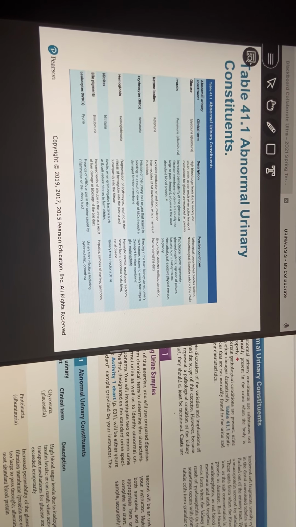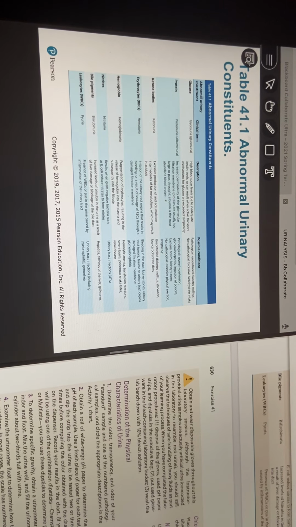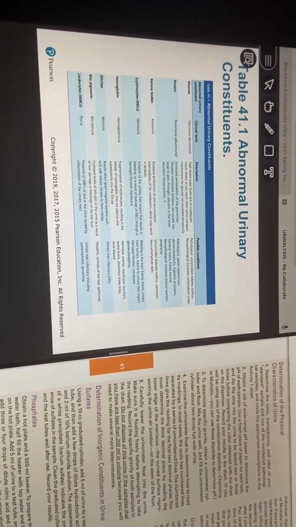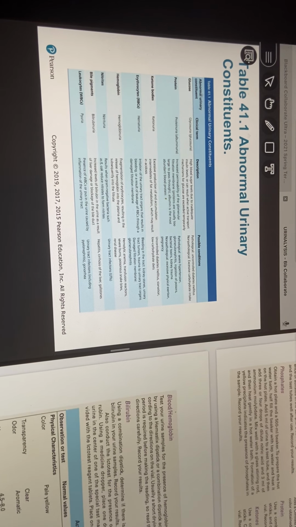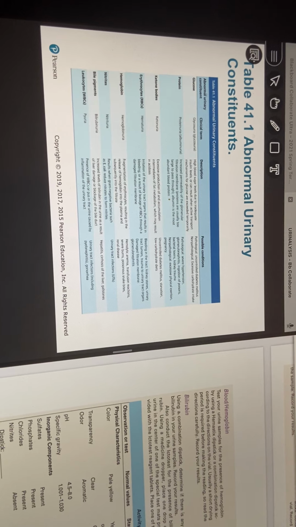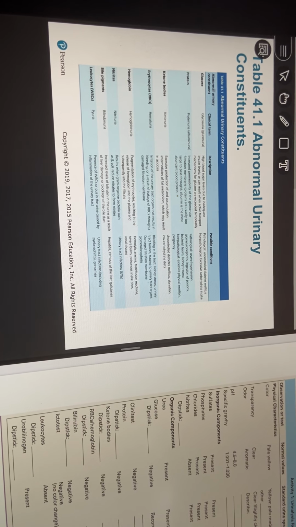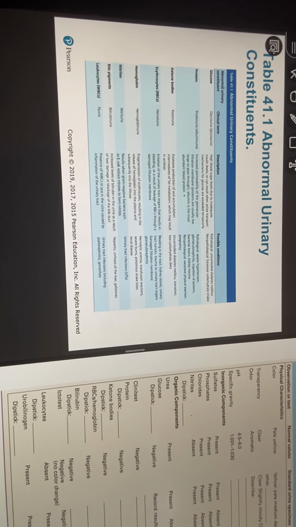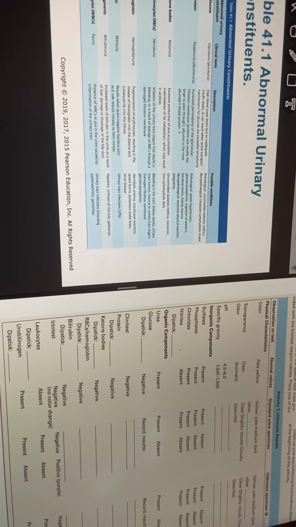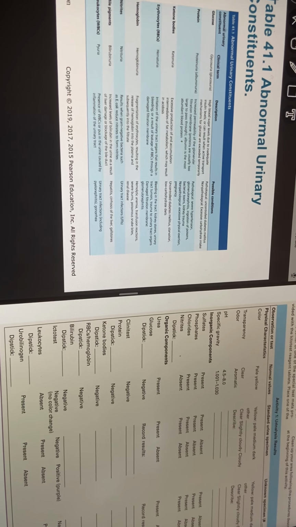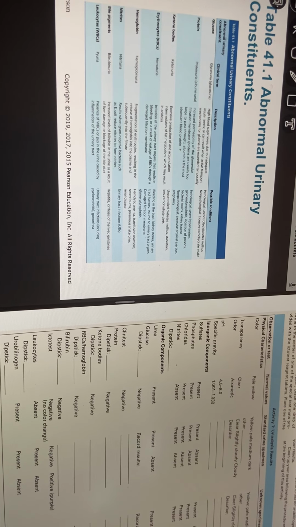Next. Are you good on that upper portion for the color, transparency, odor, pH, specific gravity? Okay. So we're good for those two pathologies. Next, inorganic components. The inorganic components are sulfates, phosphates, chloride, nitrites. Some of these components we will discuss later on with the dipstick.